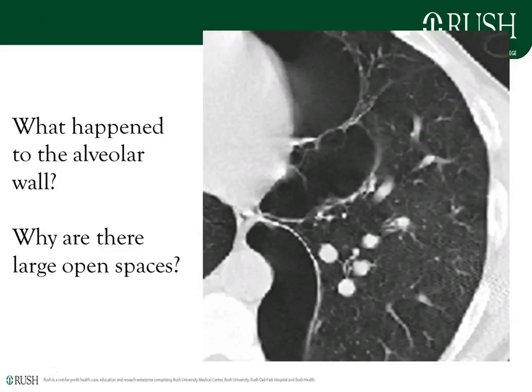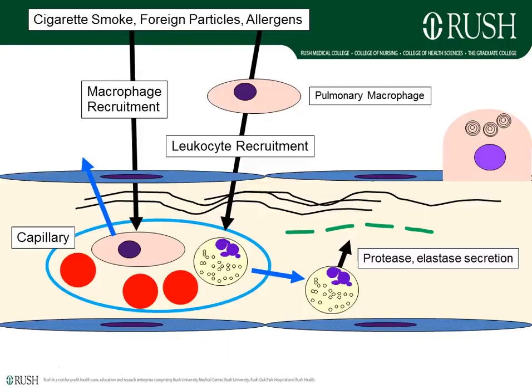So back to that CT scan that we saw earlier, what happened to the alveoli? Why does it have large open spaces? Well, what happens is whatever is causing the irritation, whether it be environmental or allergy or foreign particles or something like that, you end up getting recruitment of leukocytes and macrophages as a response to that irritation.